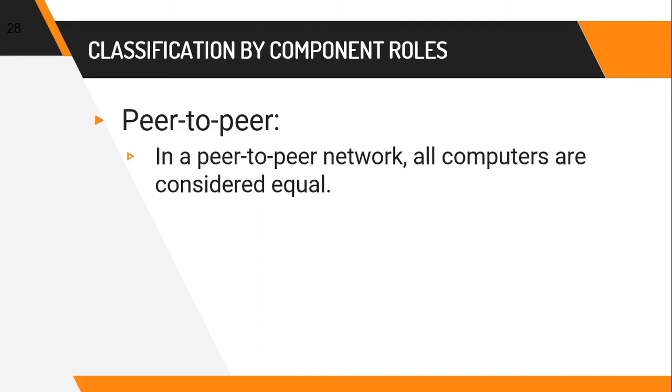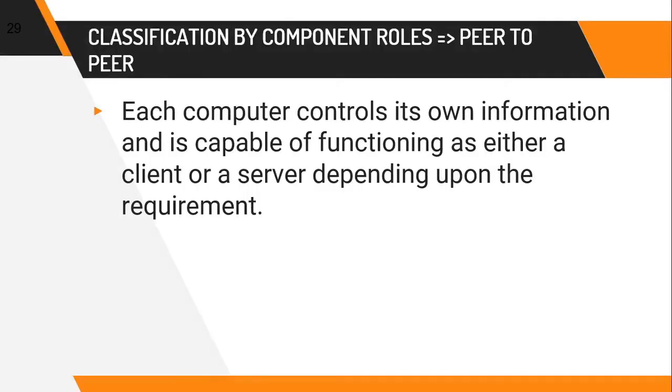In a peer-to-peer network, all computers are considered equal. Each computer controls its own information and is capable of functioning as either a client or a server depending upon the requirement. Peer-to-peer networks are inexpensive and easy to install.